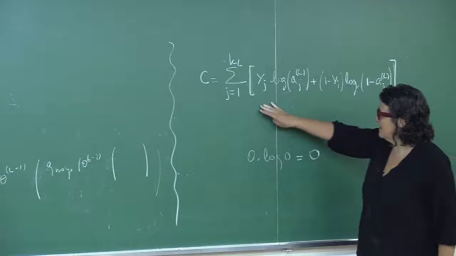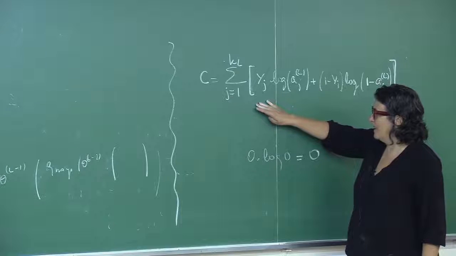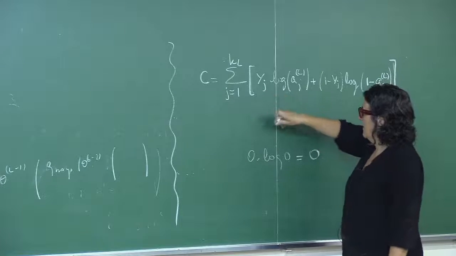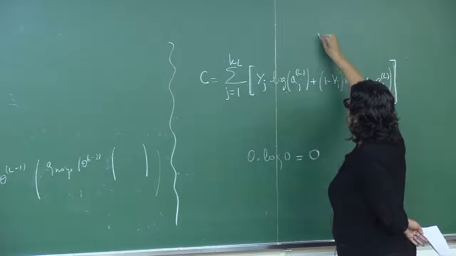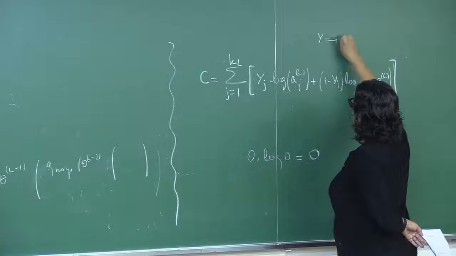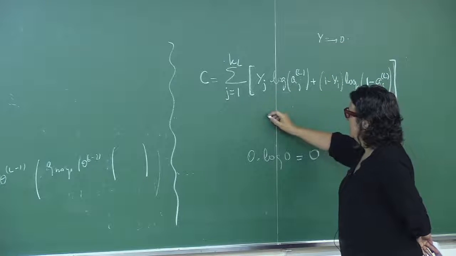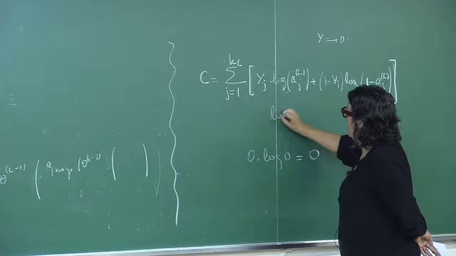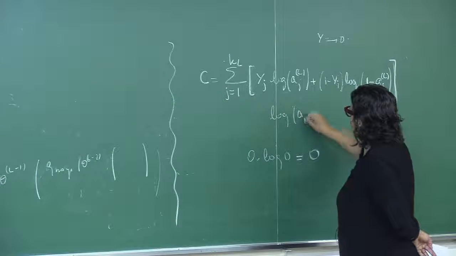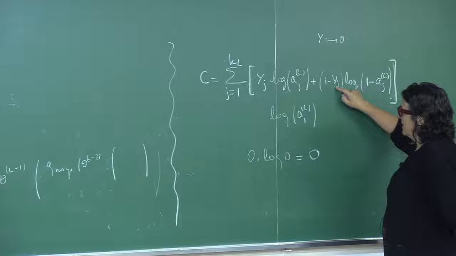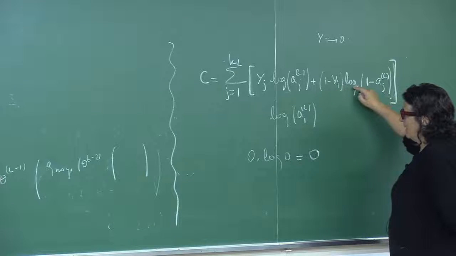And therefore, what are the things that are going to appear in this cost function? Suppose you have the class 0, that y is in fact the 0. The only thing that appears is the first one. This is 1, and then you have the log of the first one, A_1^L.